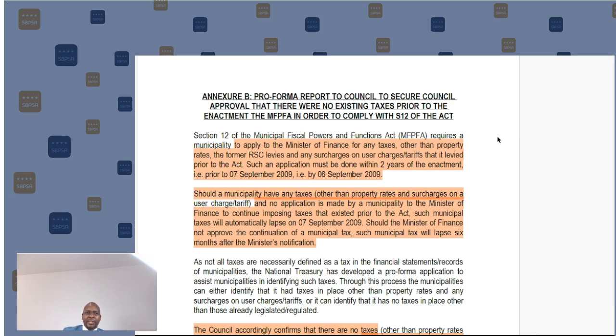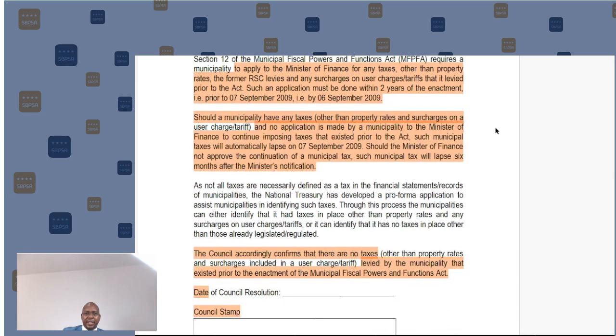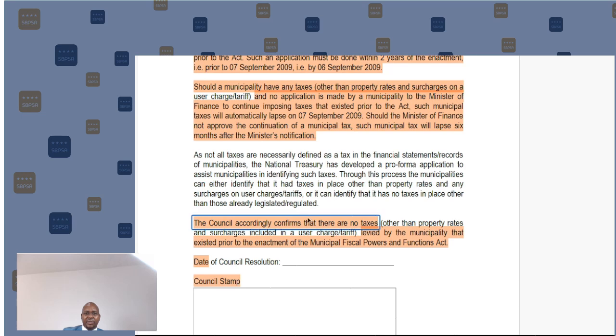So it's a new tax application, and it more or less deals with most of the issues that we have dealt with. What is important here is that the council confirms that there were no taxes levied by the municipality that existed prior to the enactment of the MFPFA. Then it includes the date and the stamp.